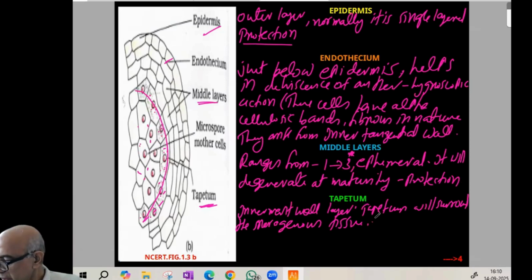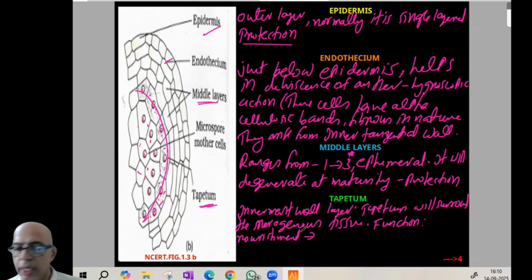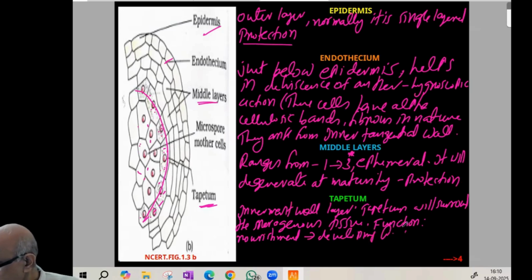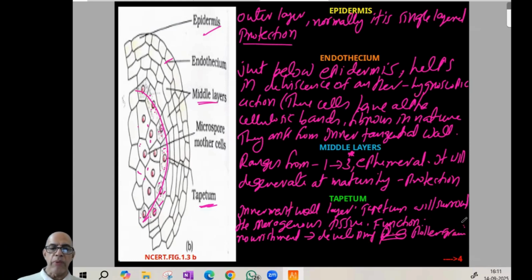And the function is nourishment. Of which cells? Nourishment of developing pollen grains. Write pollen grain in full, otherwise it is confusing.